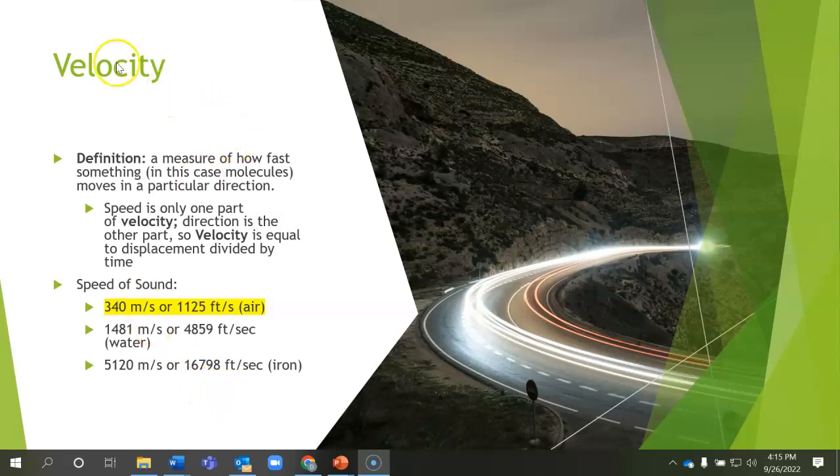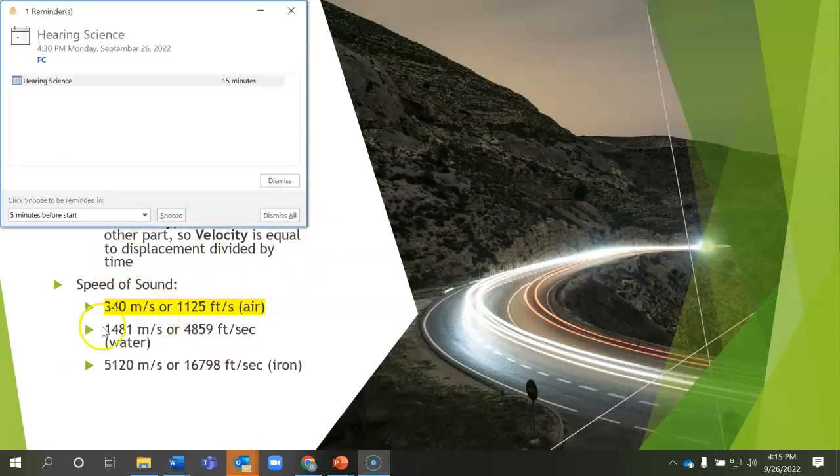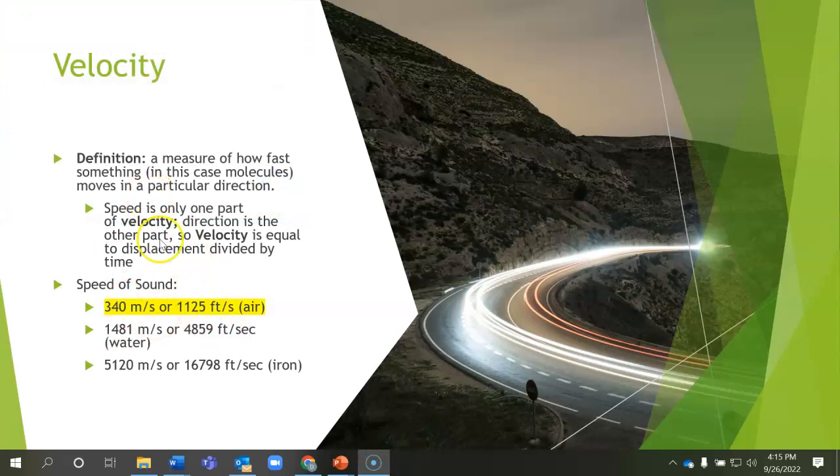Okay, so velocity, remember, is the speed in one direction, but it's also divided by time. So this is how we calculate the sound velocity.